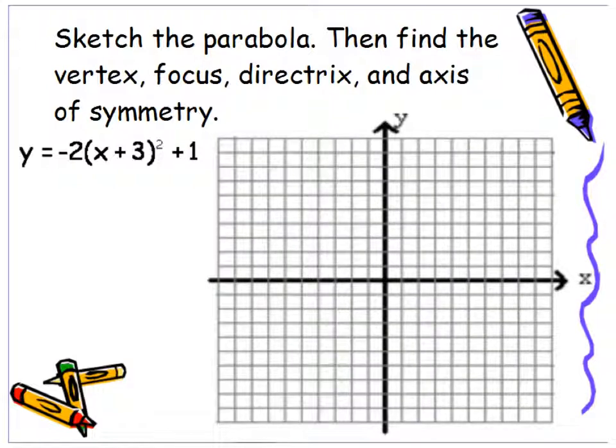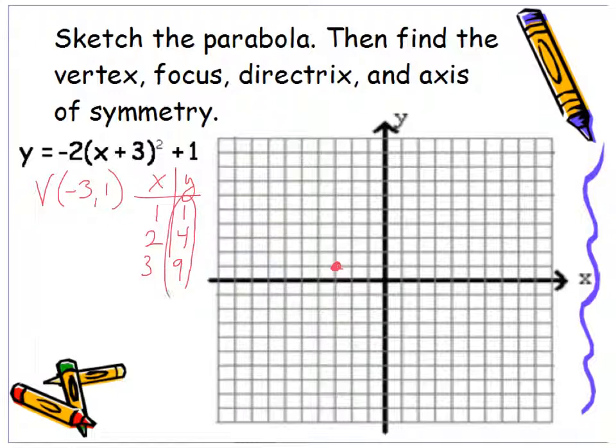My vertex, I have to move left 3 up 1. So left 3 up 1 is the vertex. If I look at my table, remember it's 1, 1, 2, 4, 3, 9, but I'm going to take all of these y values times a -2. That negative, remember, is going to make my parabola open upside down.